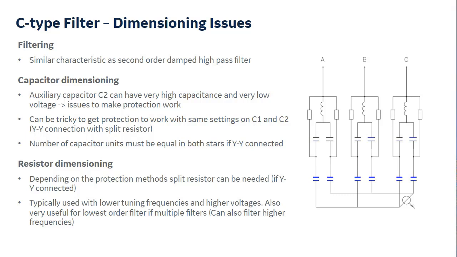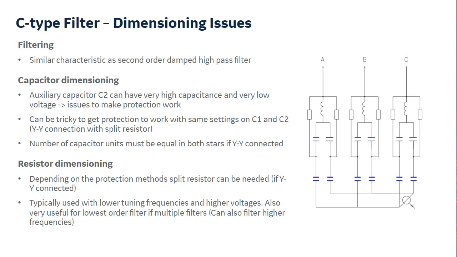So this is a typical medium voltage schematic. You can see that we have only one CT now for the protection of the capacitor. The top capacitors, these 1, 2 that are connected, have the resistor connected in parallel with the auxiliary capacitor and the reactor. And then we have the main capacitors at the bottom.